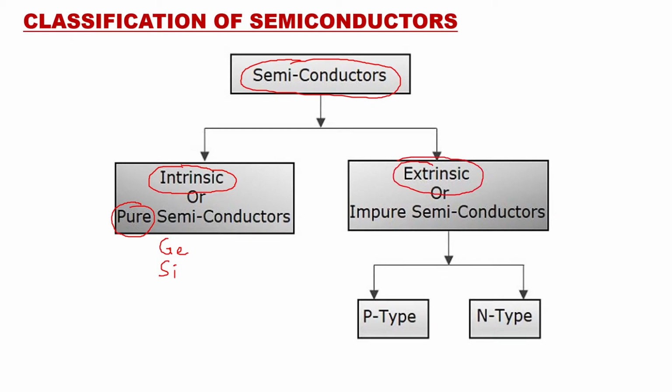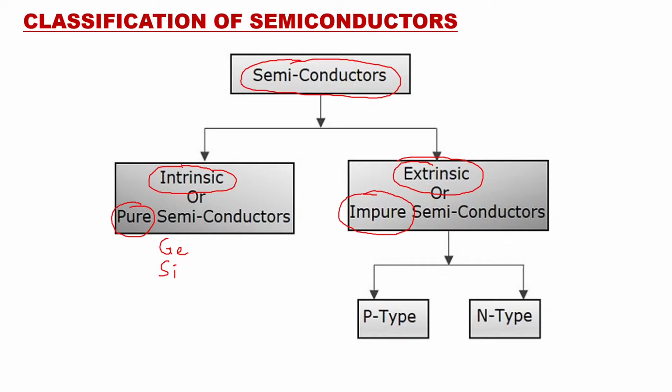Now this extrinsic semiconductor is nothing but impure semiconductor. Here we are making the semiconducting material able to make a flow of current. It has a facility where a charge carrier can flow because of the addition of this impurity. Depending upon what impurity we are adding, and what major charge carrier we get, there is a concept of electrons and holes that we will see in our next part.